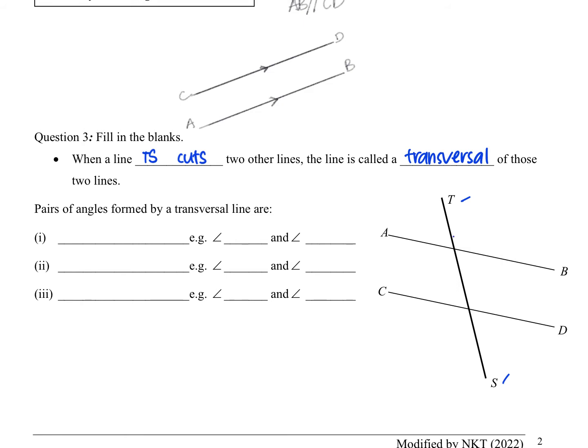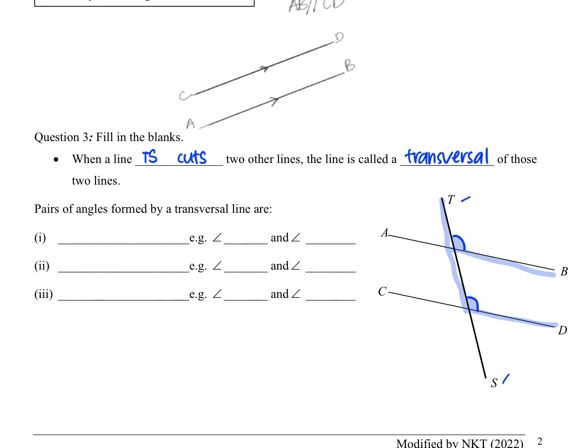The first one we have is the corresponding angles. Corresponding angles are angles that look a little bit like a letter F. So you have this angle over here corresponding to this angle over here.